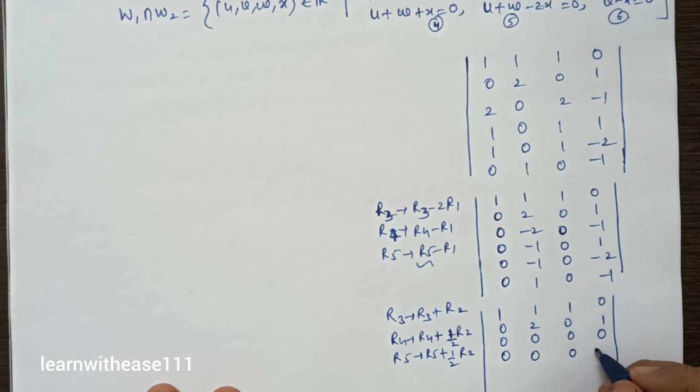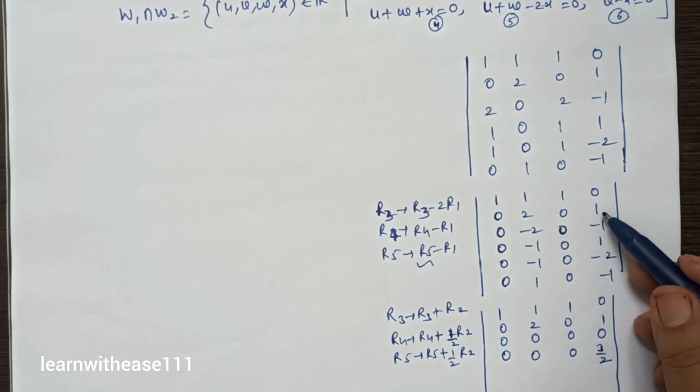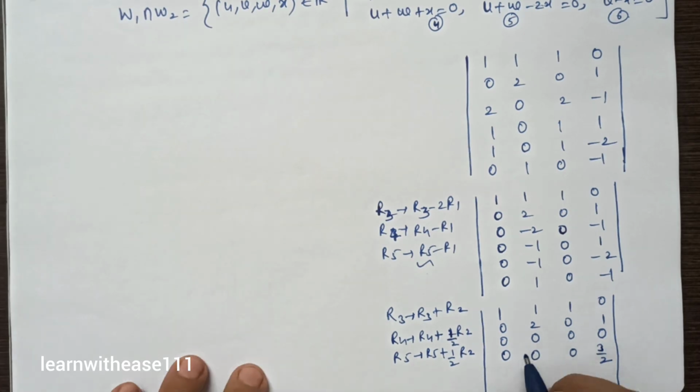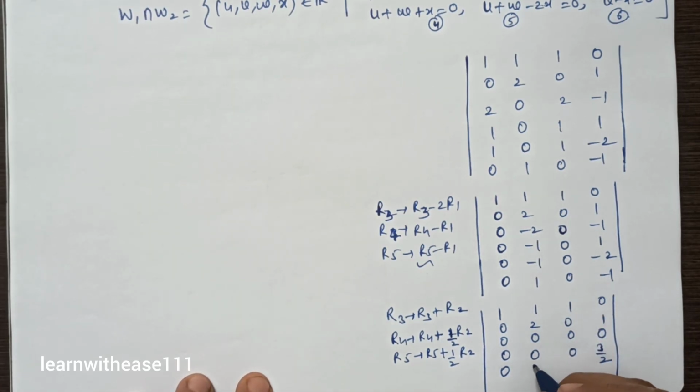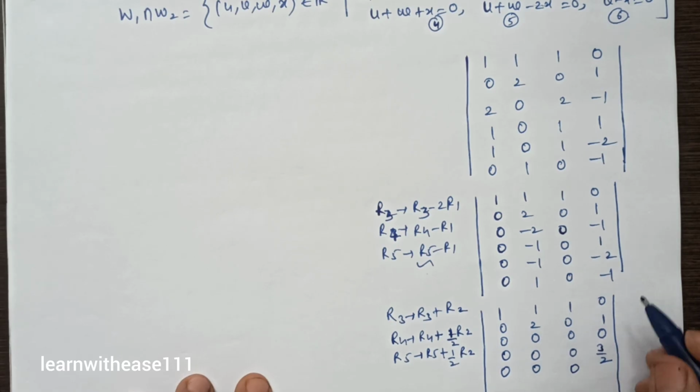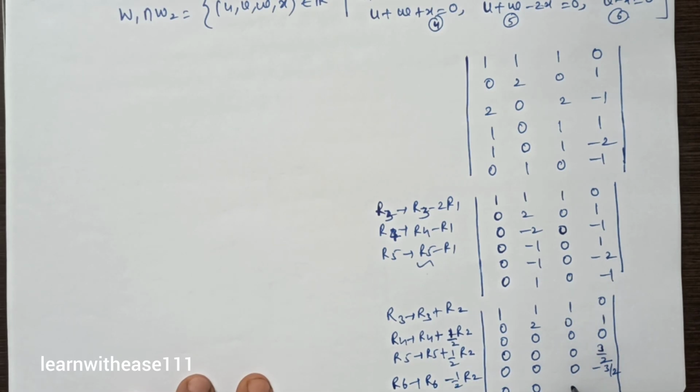Apply them carefully. For R5, R5 plus half of R2: 0, 0, minus 2 plus half, minus 3 by 2. R6 tends to R6 minus half of R2.